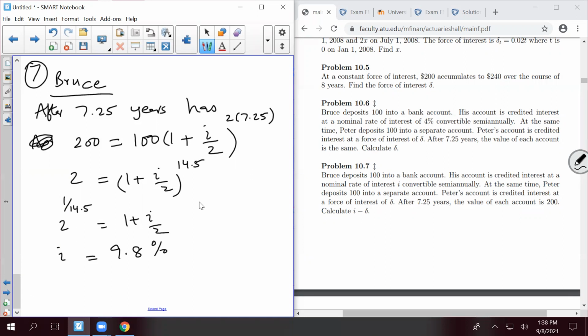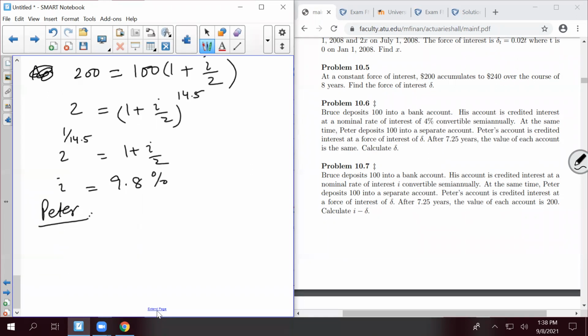Then let's take care of Peter. So what's the equation for Peter? At the same time, Peter deposits 100, like at the same time as Bruce, but Peter has a constant force of interest. So what's the equation for constant force of interest? A is equal to P e to the delta t. So what numbers go in?